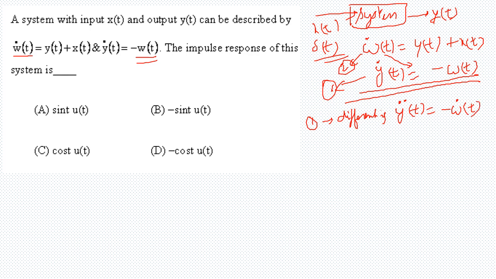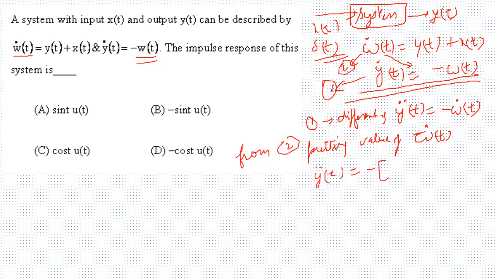Now from 2, putting the value of w dot of t. When you put the value from equation 2 into the equation which we have differentiated, what we get is y double dot of t equals minus, y of t plus x of t.